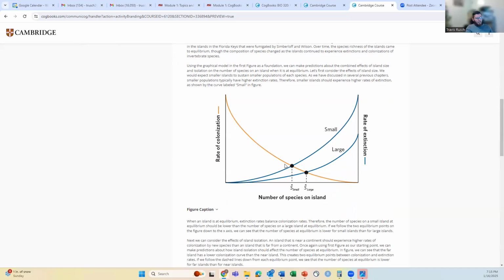So the populations are going to be fairly stable at this intersection. And the stability changes based on size, right? So we have this point right here. The number of species is at this level on a small island, but when we have a bigger island with more resources and more space, that number of species on the island moves to the right and it increases, right? So we can support more species, or a greater number of species, on a larger island than we can on a smaller island.